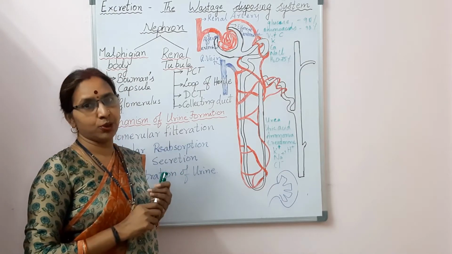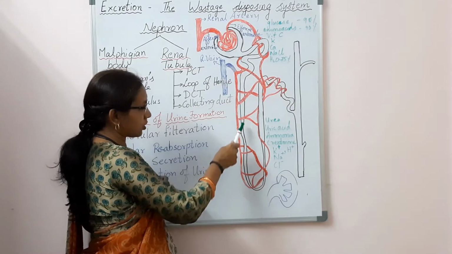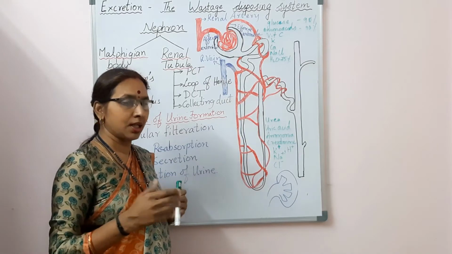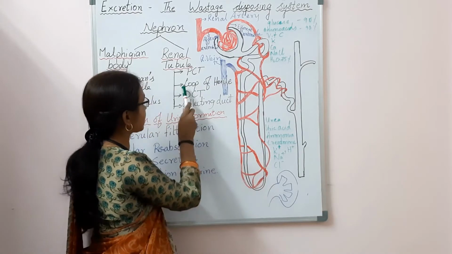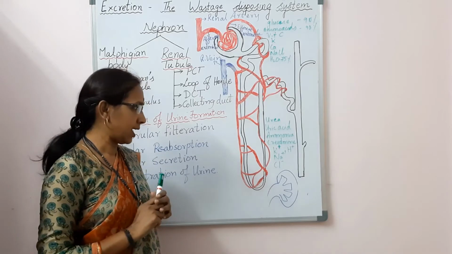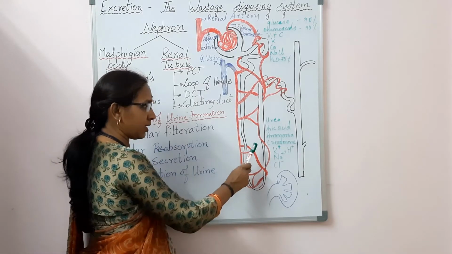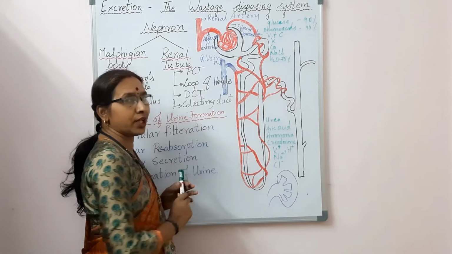Now this proximal convoluted tubule leads into the second part, that is a U-shaped structure, and this U-shaped structure is known as loop of Henle. Now this loop of Henle leads into the third part, which is known as the distal convoluted tubule.